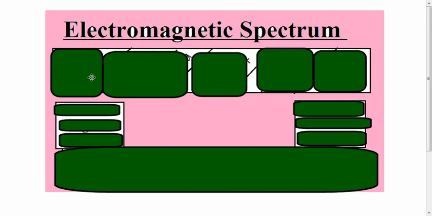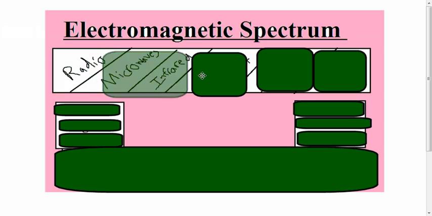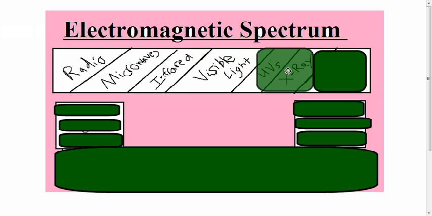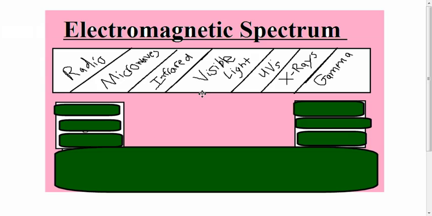Now, the electromagnetic spectrum is those waves, from the previous page: from radio waves to microwave to infrared to visible light to UV and X-ray, all ending at gamma. Radio waves are the weakest of them. Gamma are the strongest.